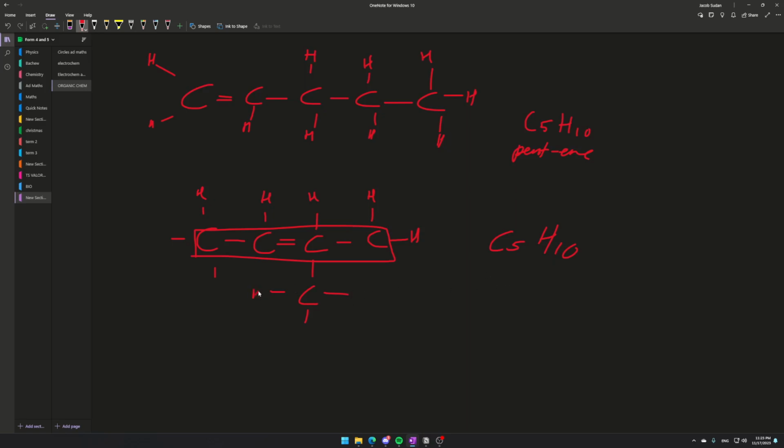this thing down here is what we call a methyl group. And we would call this 2-methyl, there's always a dash to separate them, 2-methylbutene, 2-methyl-2-butene.